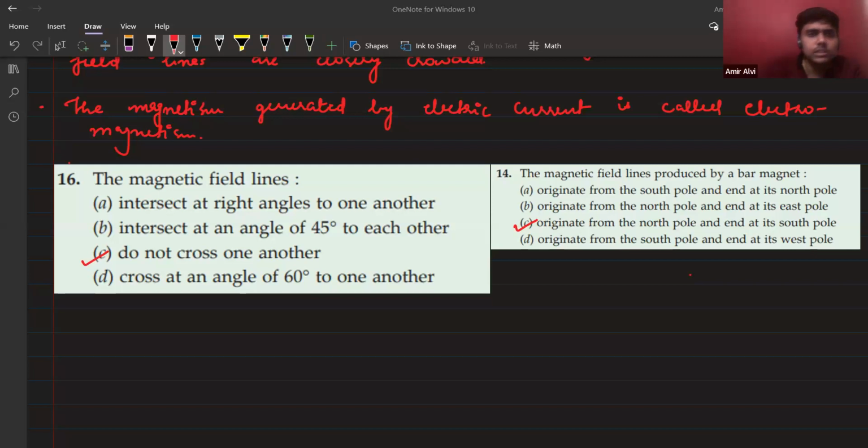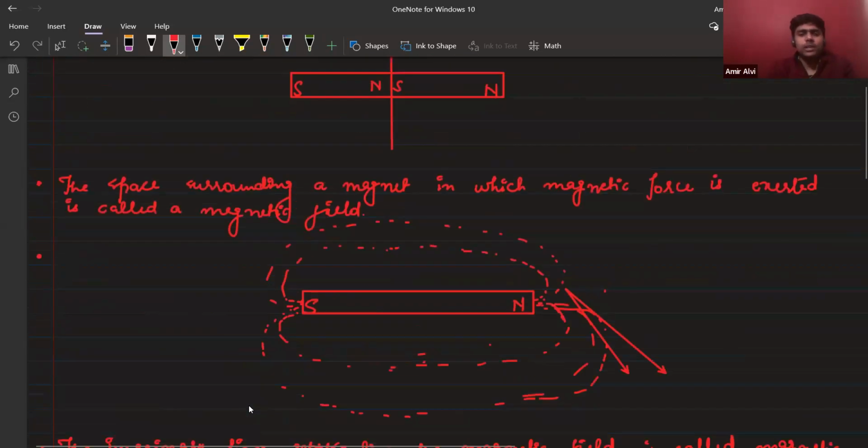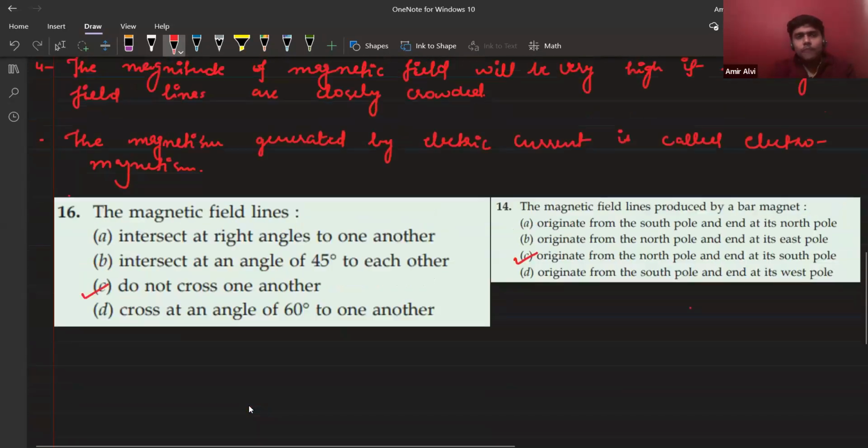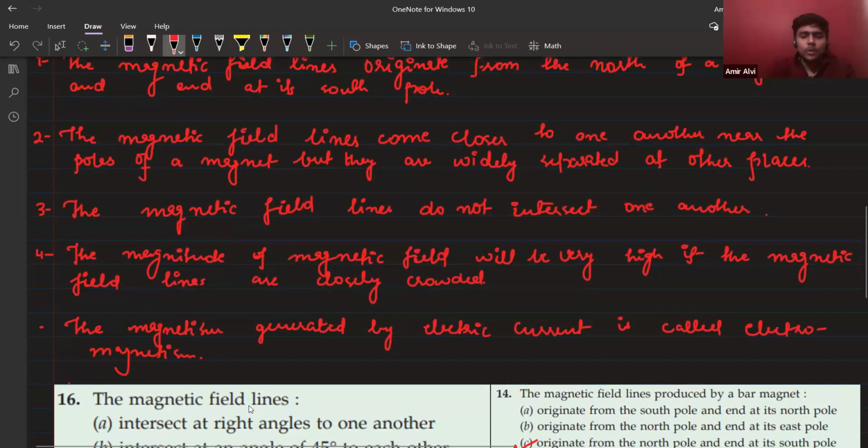Okay, so this is all for the topic, properties of magnetic field lines. It's not a very big topic, a very small topic. I've taken all the terms which can come, because NCERT has very little detailed explanation, but I've expanded it so that you can understand in a better manner.